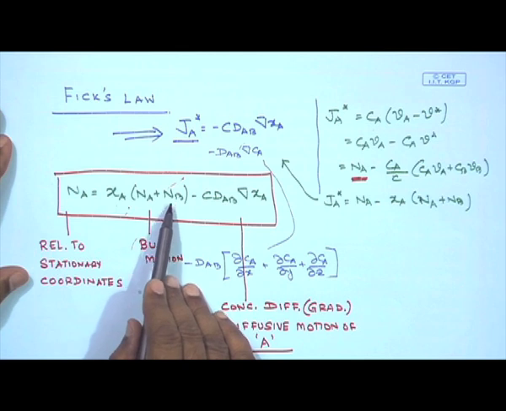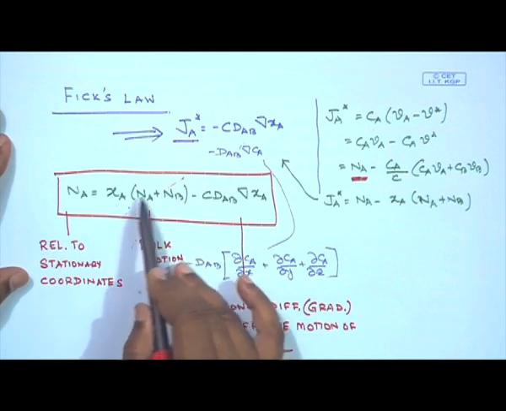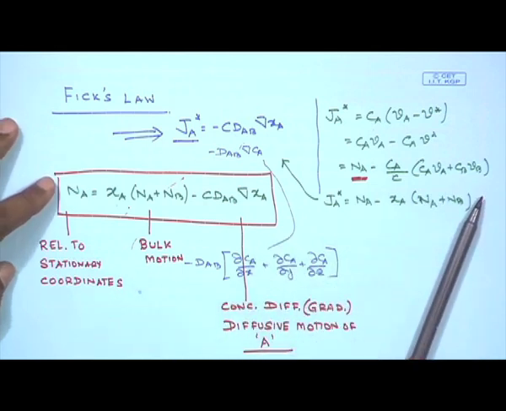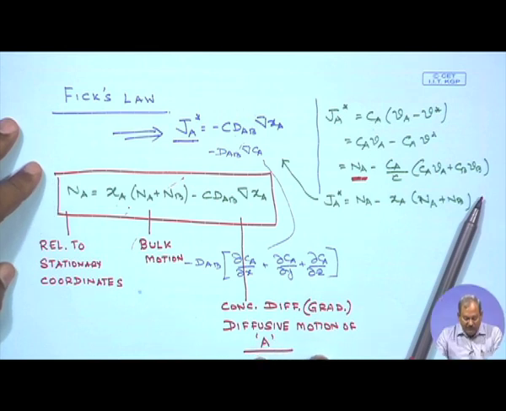So, in this case Na is going to be equal to minus Nb, and therefore the contribution of this term would be 0. So, the expression would be the same as that of the diffusive motion only situation, but for a different reason. Since it is equimolar counter diffusion, Na and Nb would cancel out each other.